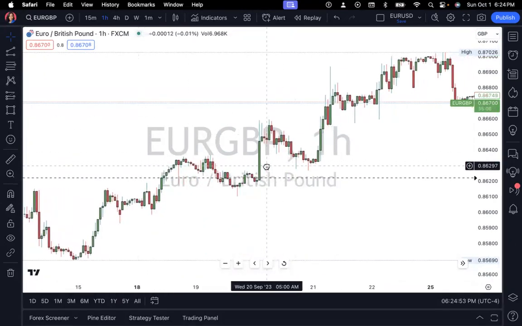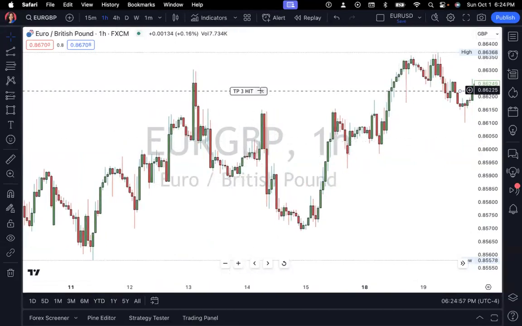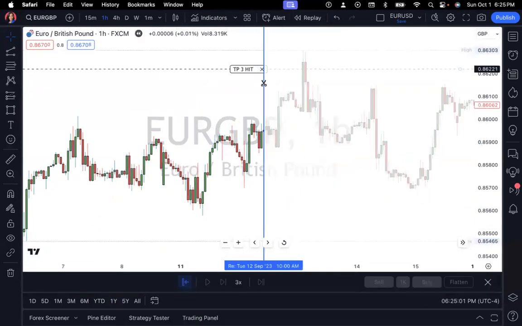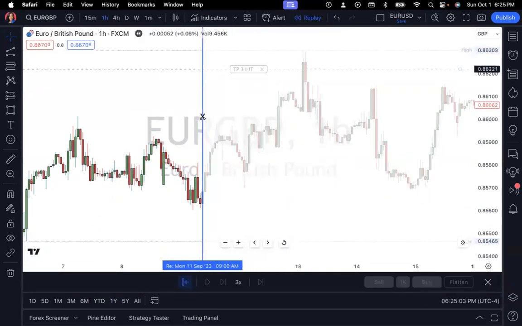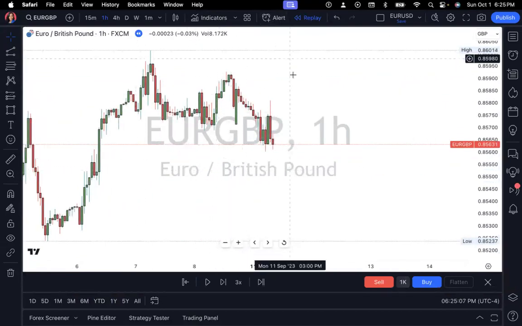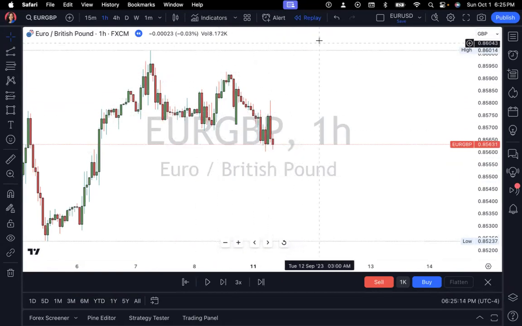Because let's just say we came into the market at this time, and I'm going to put my chart in replay mode, right? If we came into the market at this time with no indicators on our chart, the first thing we can see is that the market has tapped into this area two major times, but we're going to include these small wicks as well.